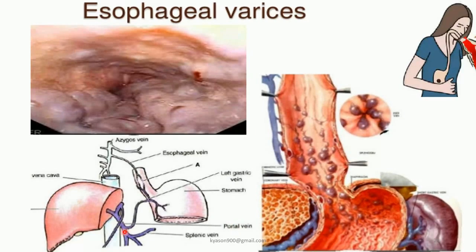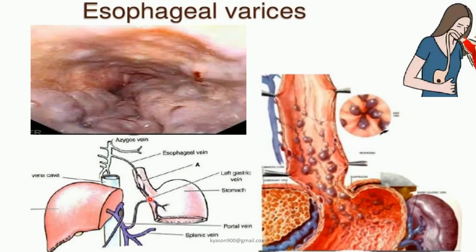We've seen that the portal vein receives from many structures of the abdomen. Some of the blood comes from the spleen, some from the small intestine, some from the large intestine, some from the abdominal wall, if you remember. And whenever there is liver disease, this vein is going to be filled with a lot of blood, and some blood can enter the left gastric. Okay, it can enter the left gastric.